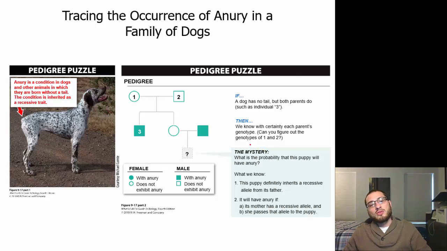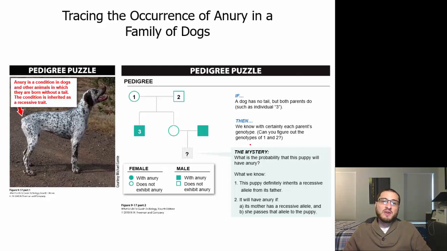So now, with something like anury, which is no tail for things like dogs, if a dog has no tail, but both parents do, then we know with certainty each parent's genotype.